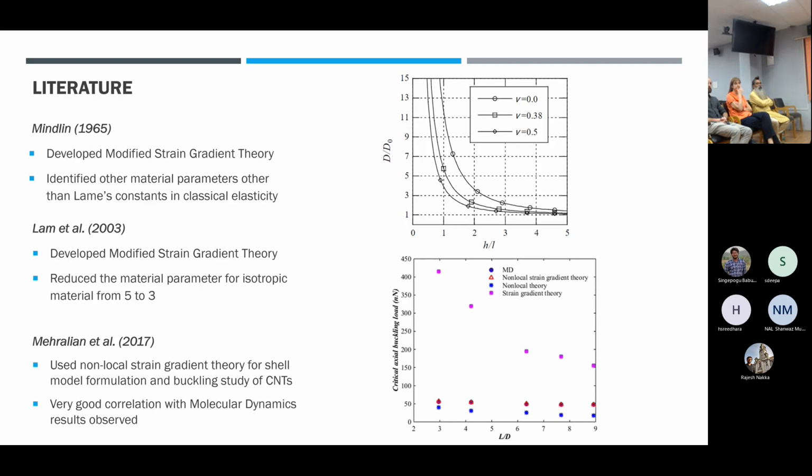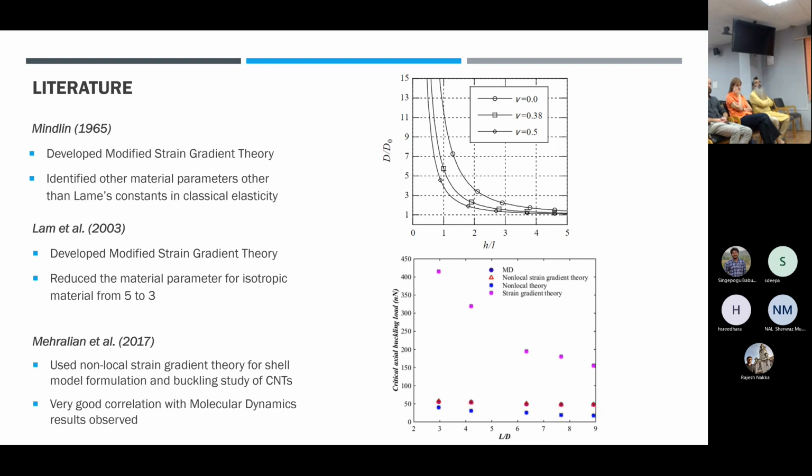So moving on to some literature, Mindlin was the one to develop the strain gradient theory. He identified that apart from the classical Lame's constants, we also have other elasticity constants corresponding to the different strain gradients. So in total, he identified that there are 5 elastic constants which define the whole constitutive behavior of the material.